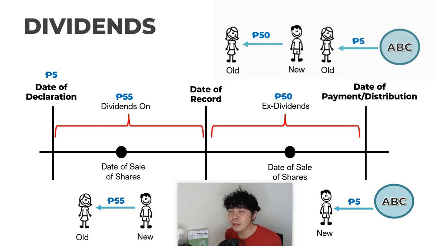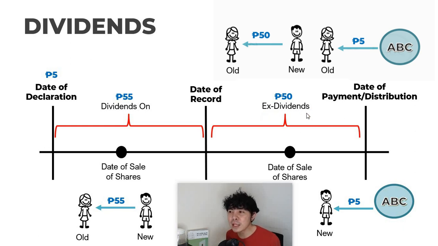Kaso, what if kung yung old shareholder binenta niya yung shares of stocks between date of record and date of payment? So, syempre, magbabayad yung new shareholder. So, magkano yung ibabayad ni shareholder? Syempre, yun yung fair value that is already an ex-dividend.